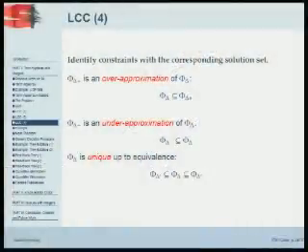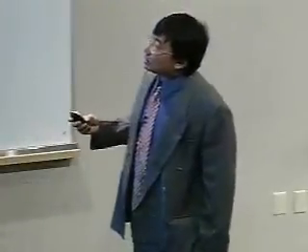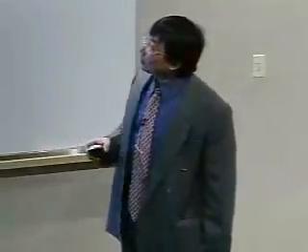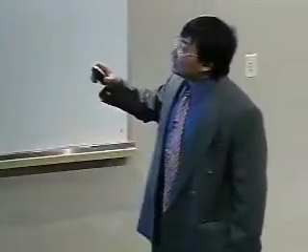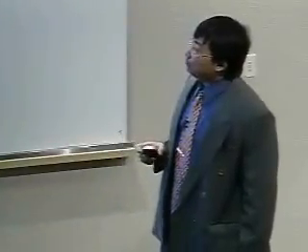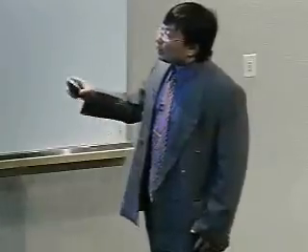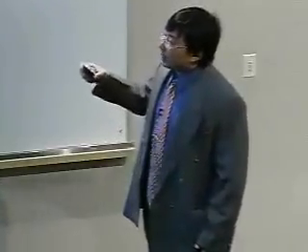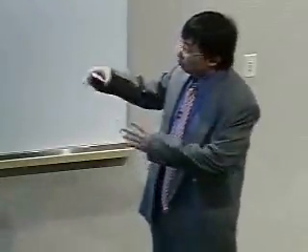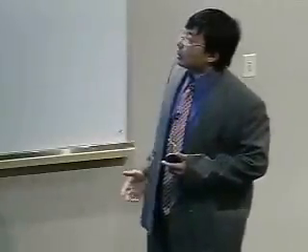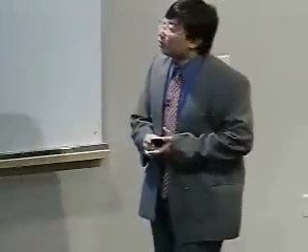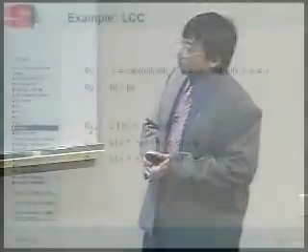If we identify constraints with the corresponding solution sets, we have the following relation. Phi delta plus is an over-approximation of phi delta, and phi delta minus is an under-approximation of phi delta. Putting all this together, we can say that phi delta must be unique up to equivalence.